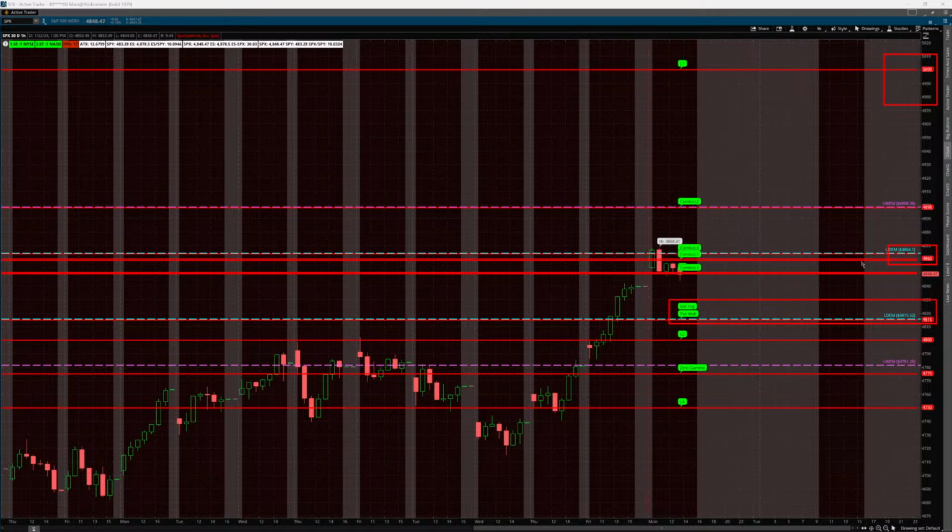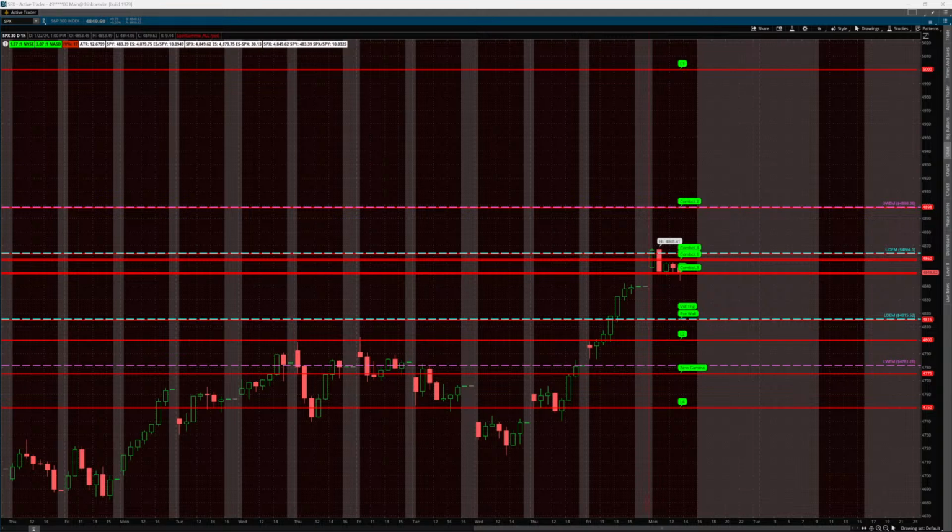If a call wall in the face of a strong rally like Friday fails to shift higher, that is slightly bearish. So the call wall shifted down from 5,000 on Friday to 48.60 today, and the absolute gamma strike shifted higher. So kind of a mixed picture of gamma levels.